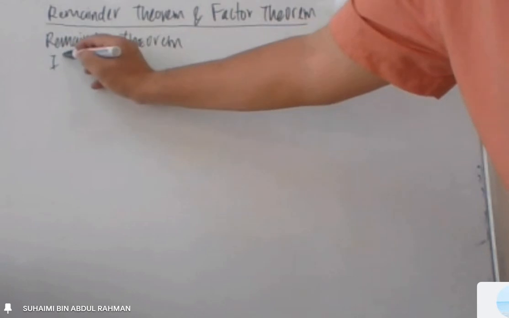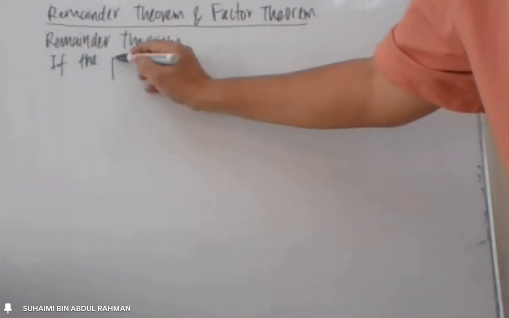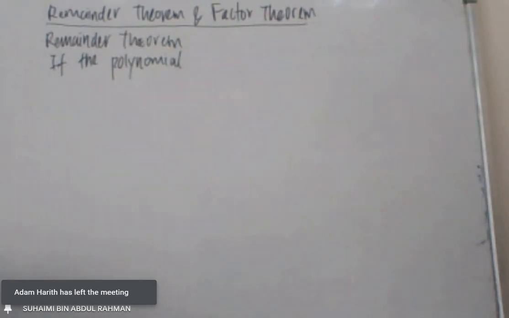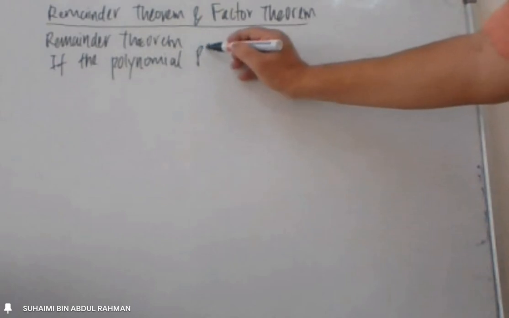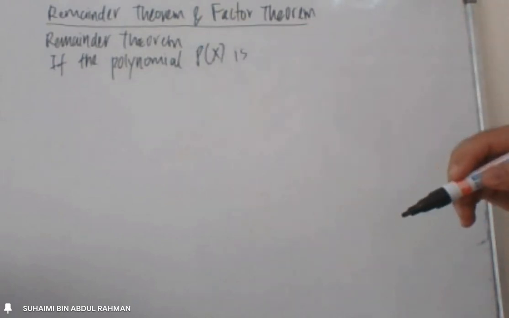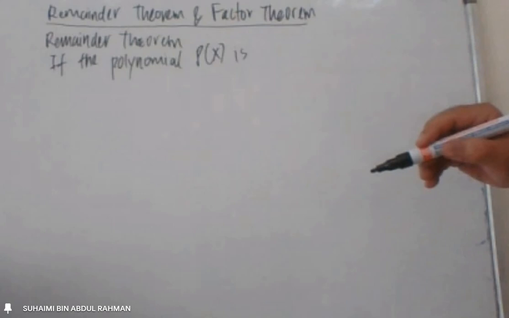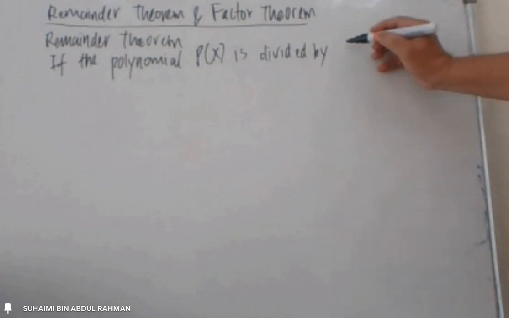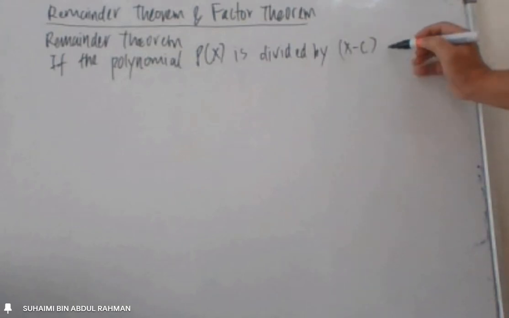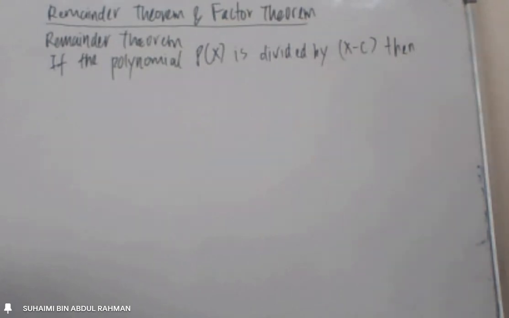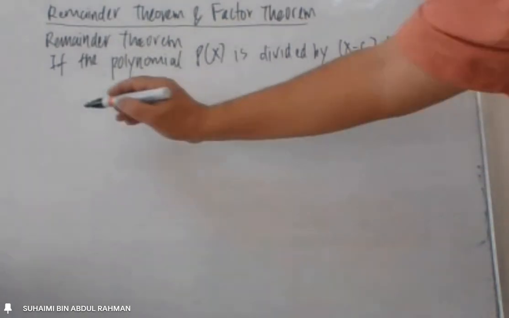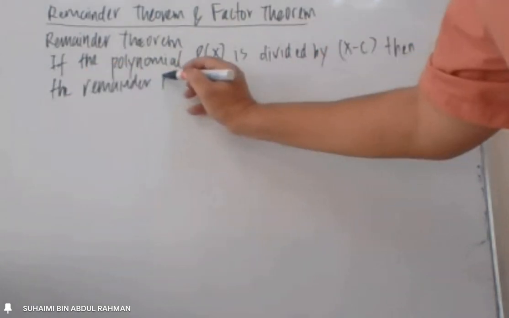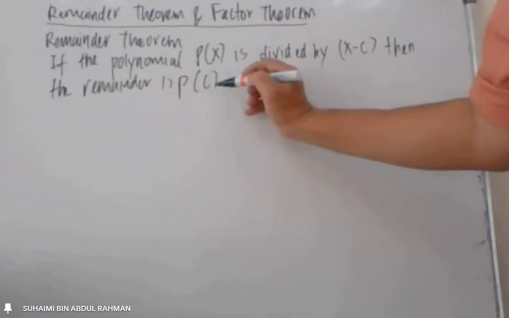If the polynomial P(x) is divided, we can divide by x minus c, then the remainder is P(c).